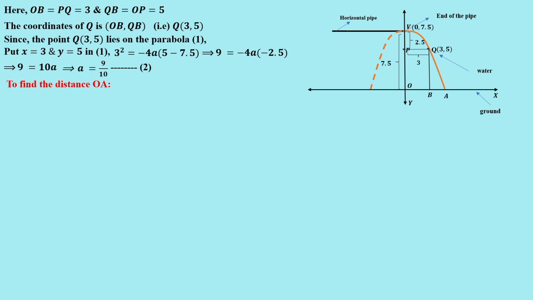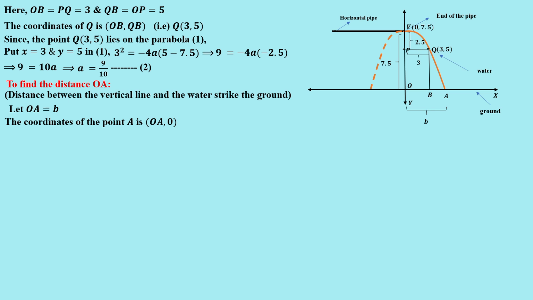To find the distance OA, that is our required distance between the vertical line and where the water strikes the ground, let OA is equal to B. So the coordinate of A is (B, 0). A is on the parabolic path, that is equation number 1. Substitute x is equal to B and y is equal to 0.